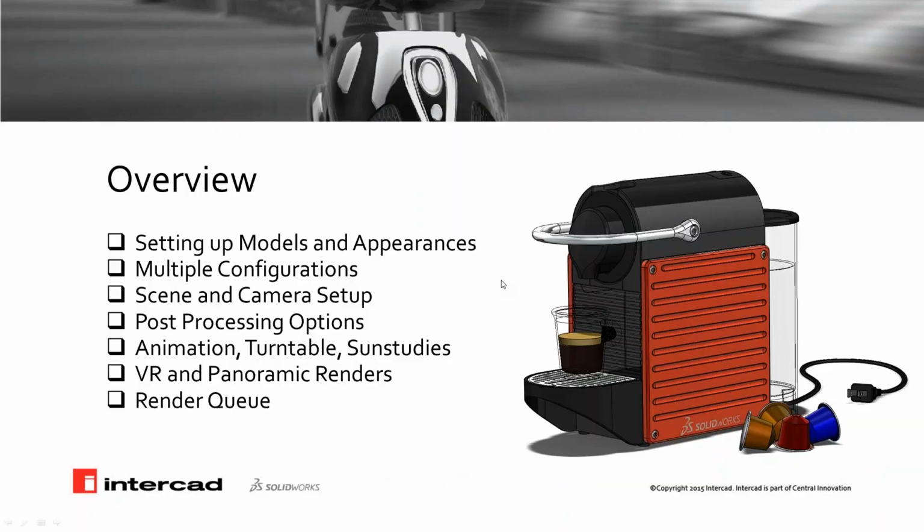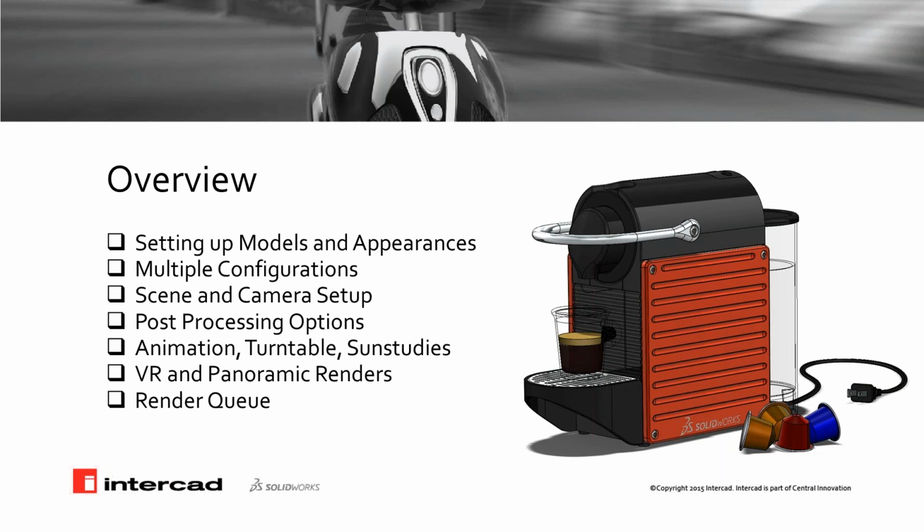We're going to do a quick overview of what we're going to cover. As I said, we're going to be covering some aspects from both Standard and Professional. I'll try and highlight some of them as we go. We're going to begin by getting our model ready for the camera, i.e. get it ready for the render. So we're going to talk about how we set models up, import models, appearances, and then as part of that we're going to demonstrate different configurations.